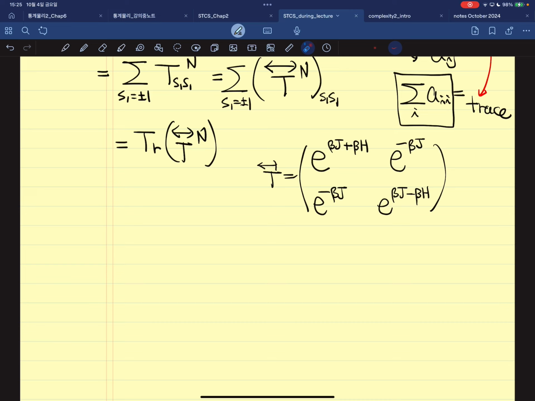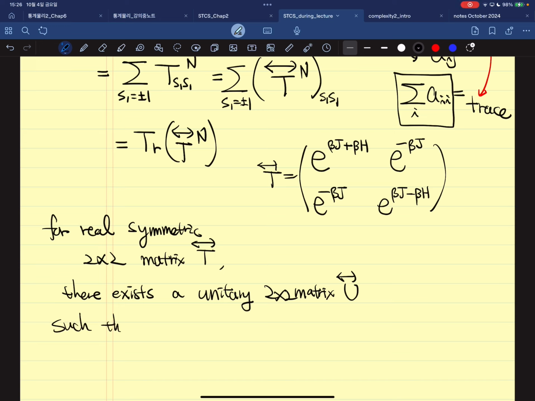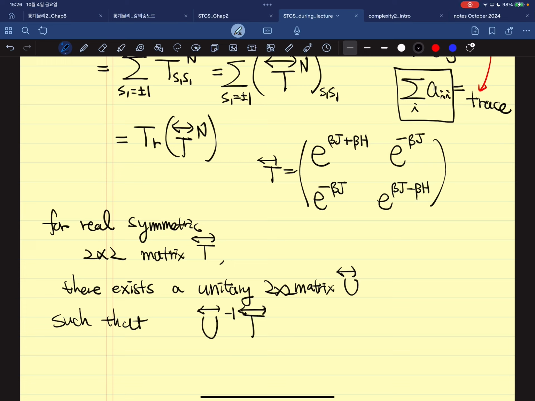In linear algebra, for a real symmetric 2 by 2 matrix, there exists a unitary 2 by 2 matrix U such that U inverse, which is the same as U transpose in fact, times T times U will become a diagonal matrix.